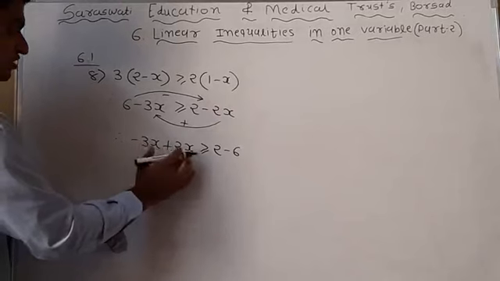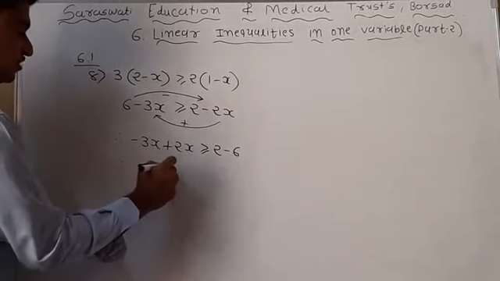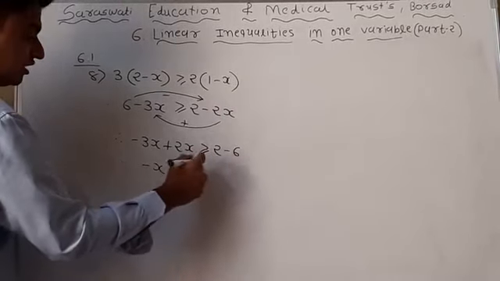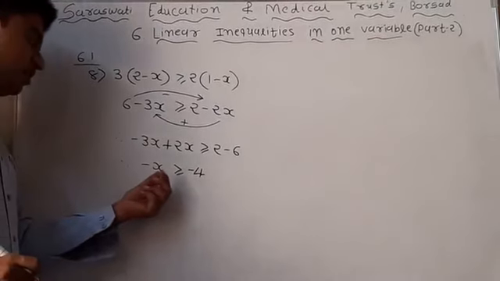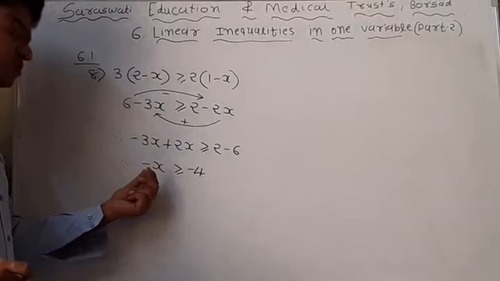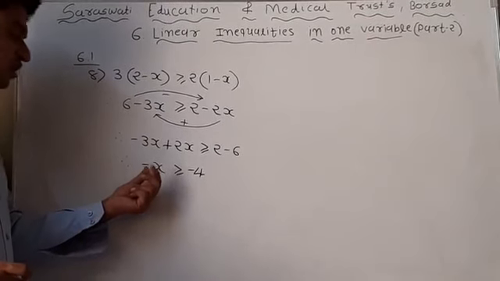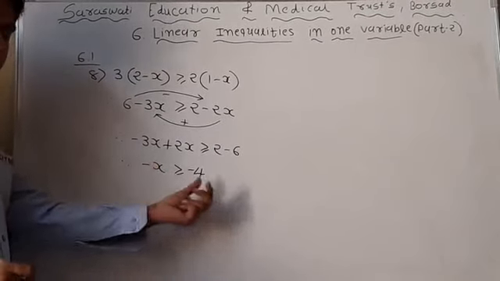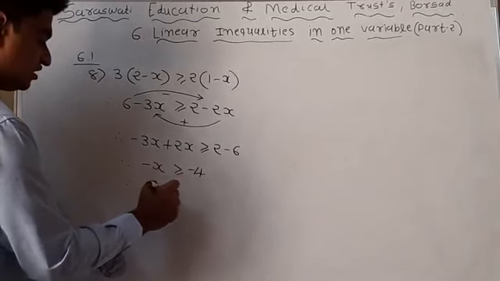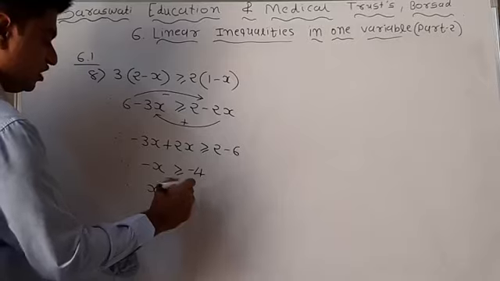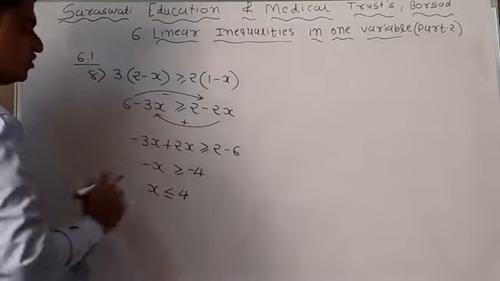Therefore minus 3x plus 2x, that means minus x, greater than or equal to minus 4. Now again here x is the variable and the minus sign is outside, so remove this minus sign. So on both sides write x less than or equal to 4, removing the minus sign on both sides.